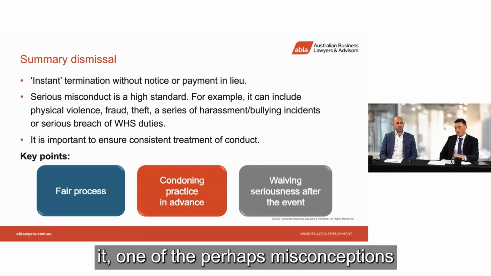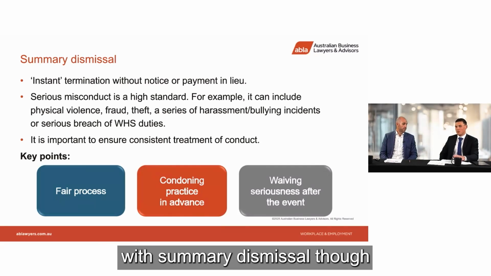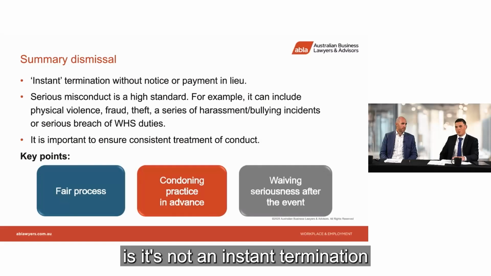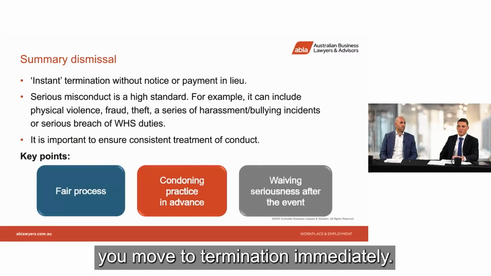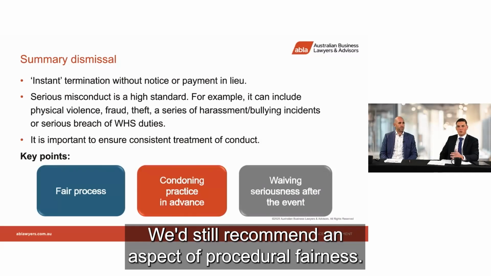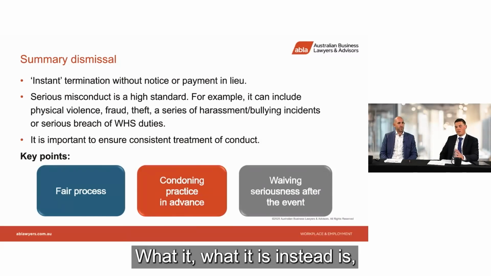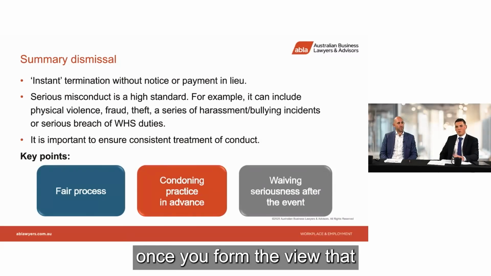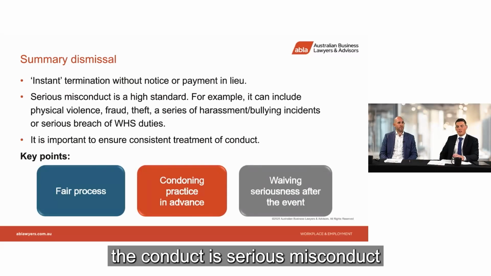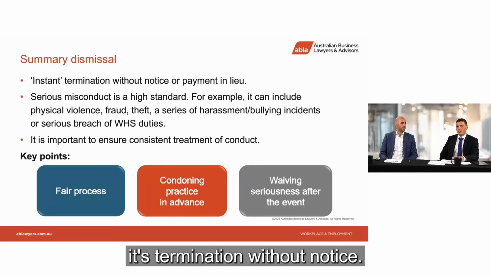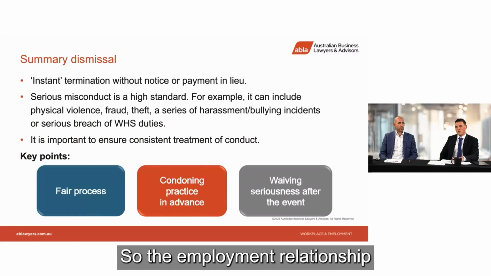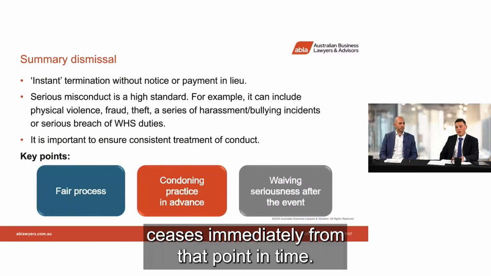One of the perhaps misconceptions with summary dismissal, though, is it's not an instant termination, in that when you've observed it, you move to termination immediately. We'd still recommend an aspect of procedural fairness. What it is instead is once you form the view that the conduct is serious misconduct and you are moving to terminate the employment relationship, it's termination without notice. So the employment relationship ceases immediately from that point in time.